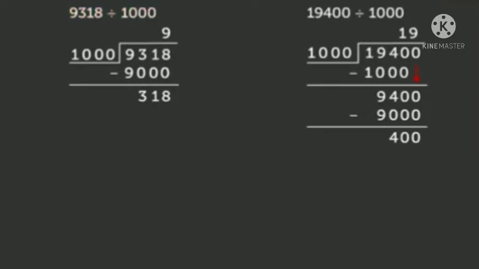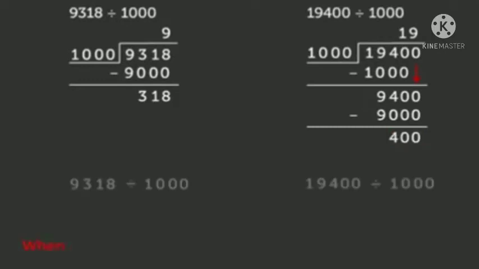Here we got the quotient as 9 and remainder as 318. Now look at the second example. 19,400 divided by 1,000. Here we got the quotient as 19 and remainder as 400.